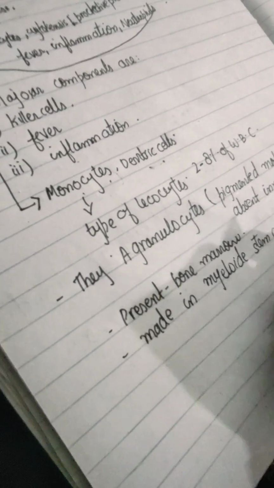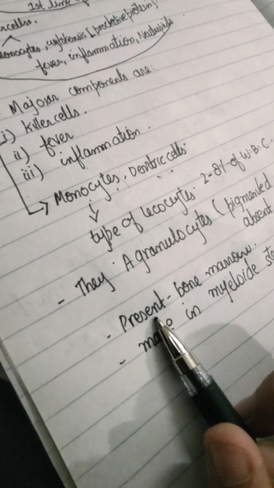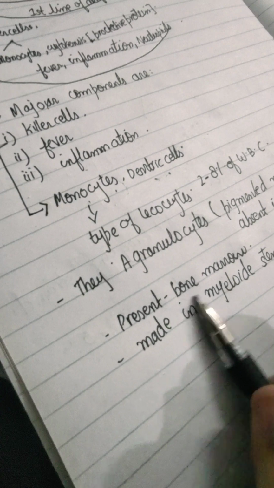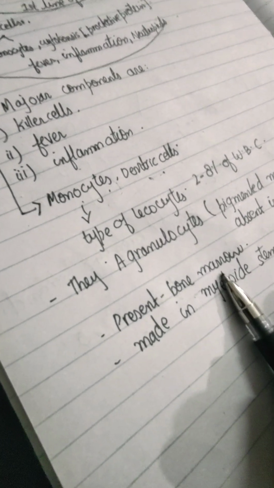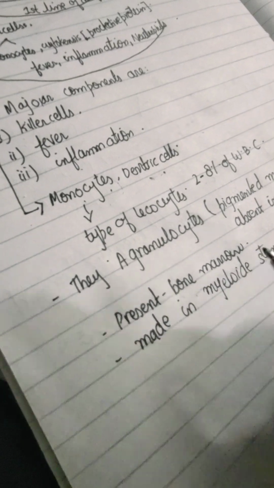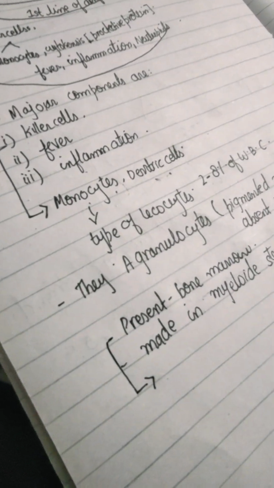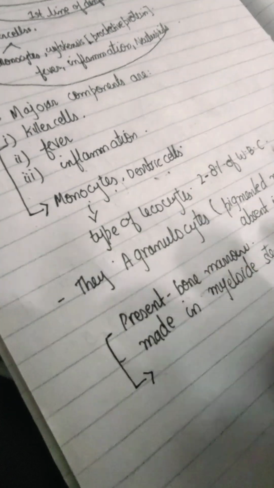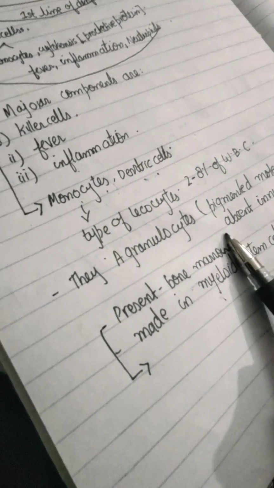But you need to keep one thing in mind: they are present in bone marrow, but they stay in blood. Where will they mature? After they are made in the myeloid stem cells, they are present in bone marrow.